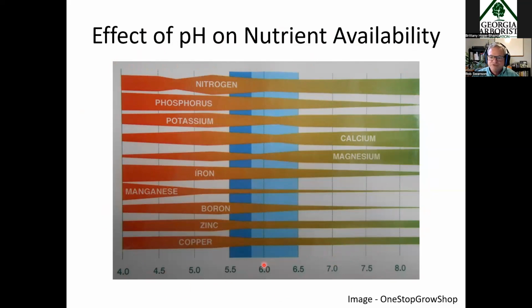So given a certain pH, so at a pH of 6, the width of the element that's represented here, it's copper. So notice copper, the width of this is the availability of that compound or element at a given soil pH.